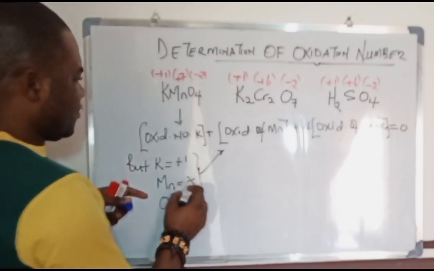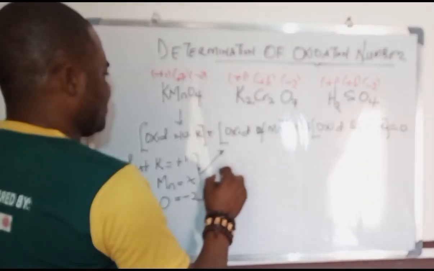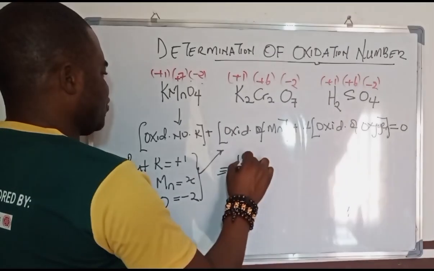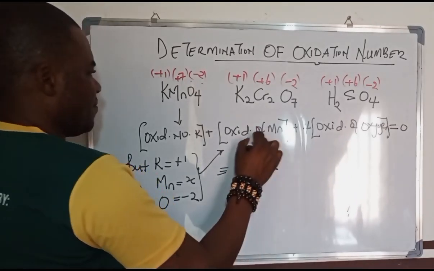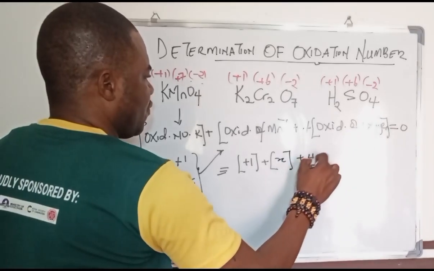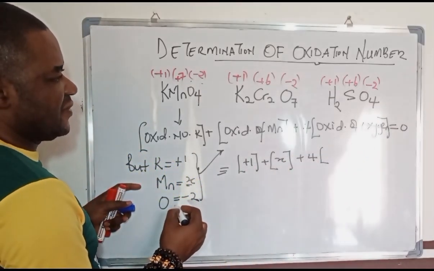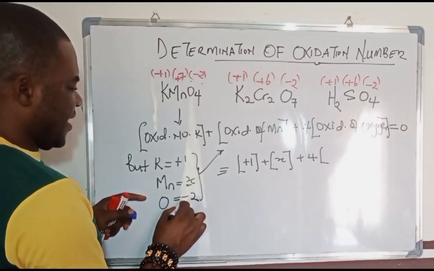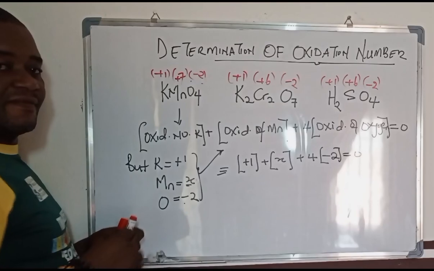Okay, now when we substitute this here, we are told that potassium is +1, plus manganese, which we do not know, plus 4 times the oxidation state of oxygen, which is -2, equals 0.